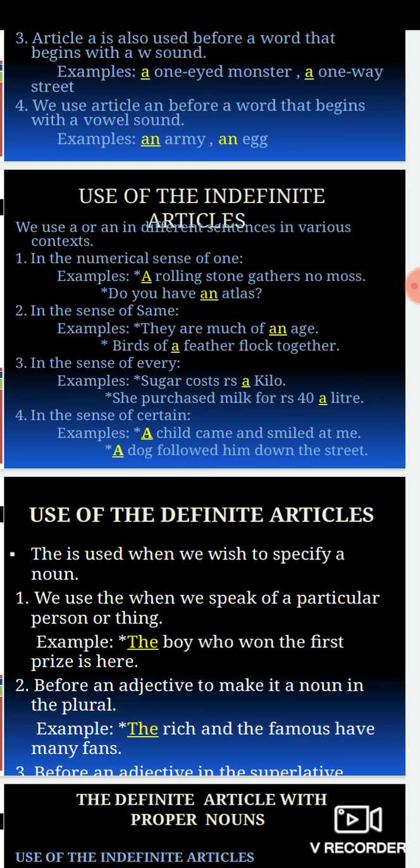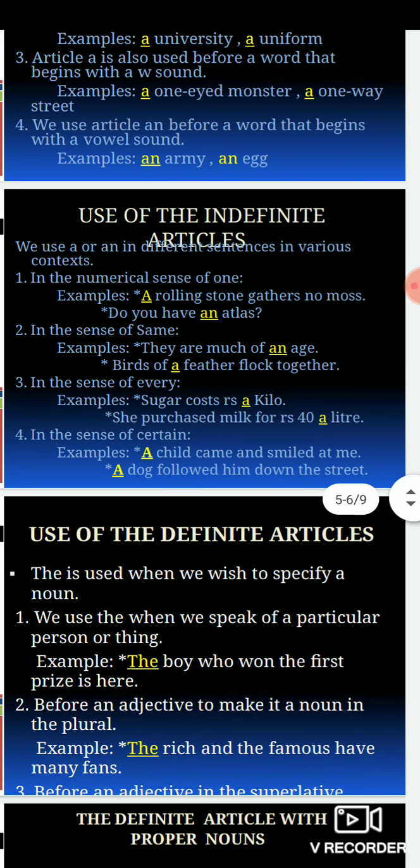Number 1, in the numerical sense of one, if anything is counted as one, then we will use an indefinite article. For example, a rolling stone gathers no moss. Here a stone is only one. Another is, do you have an atlas?